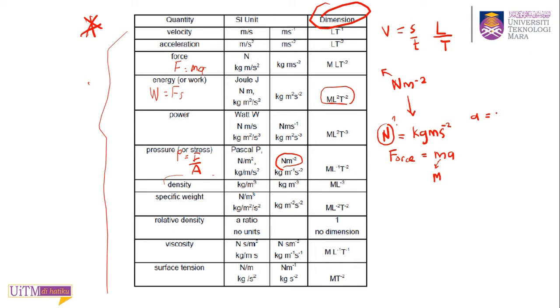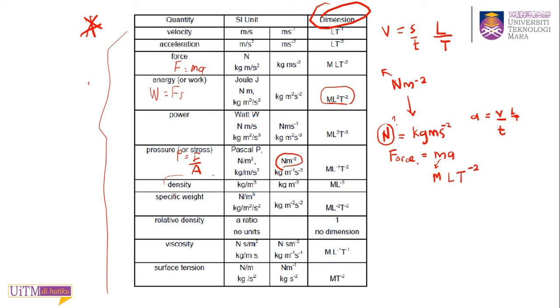Velocity over time. And what is velocity? L over T. Velocity is L over T. So what is the primary dimension for A? It is L T minus 2. Correct.